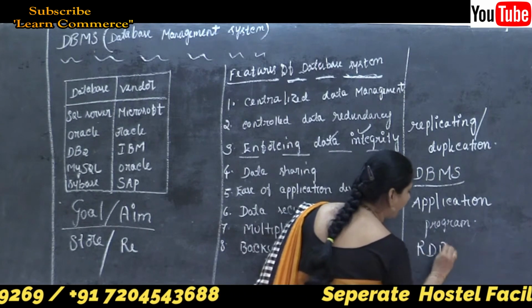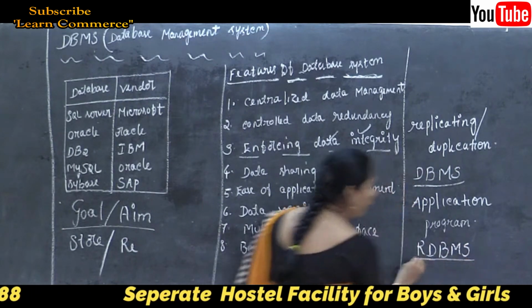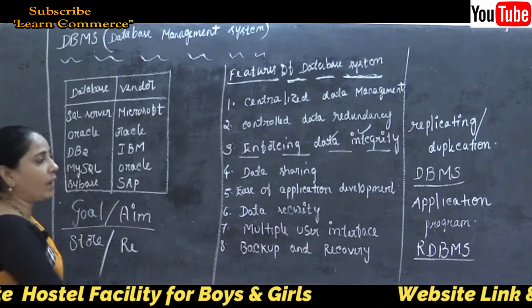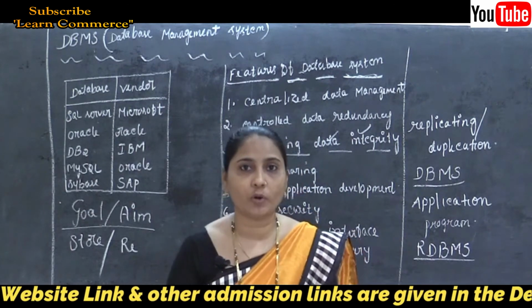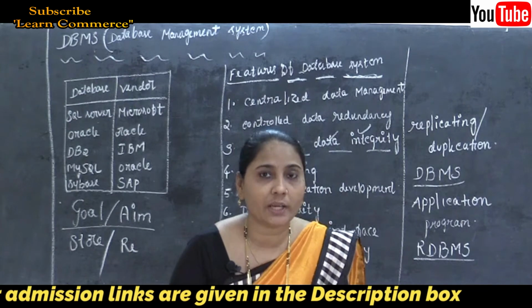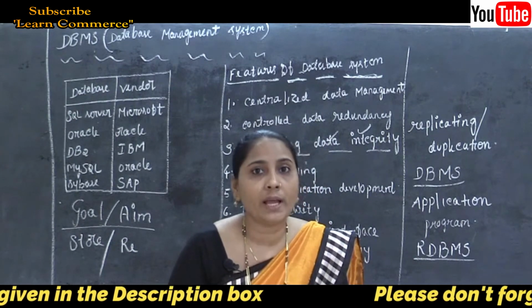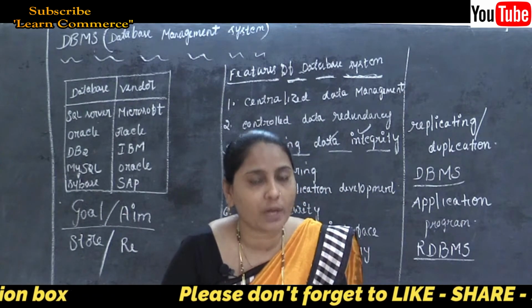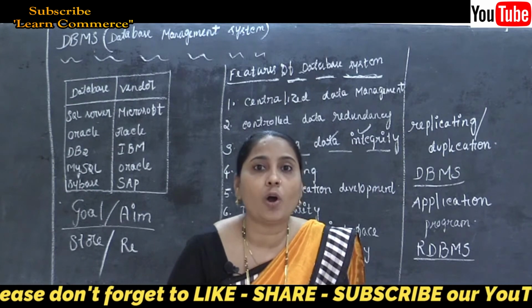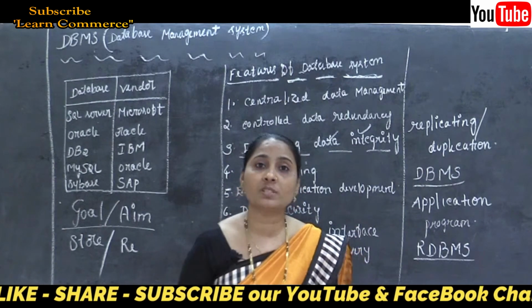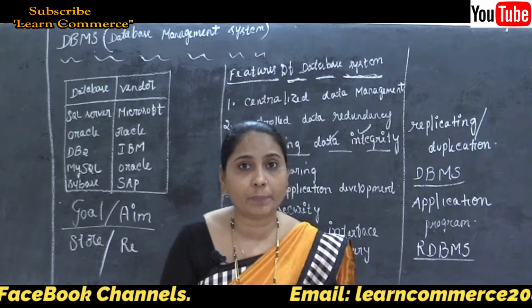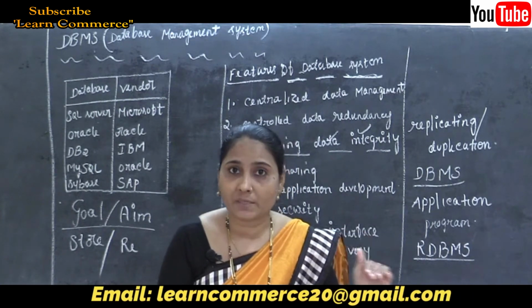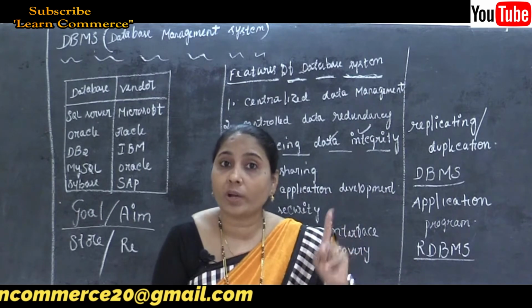Clear this point here? Not only the ease of application development, it is the work of the application programmer to develop the application program according to the needs of the users, what the user wants.